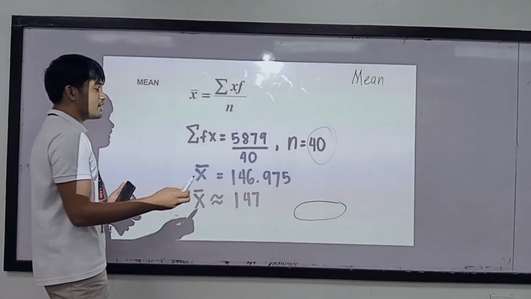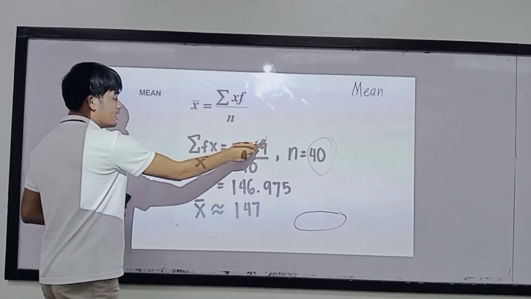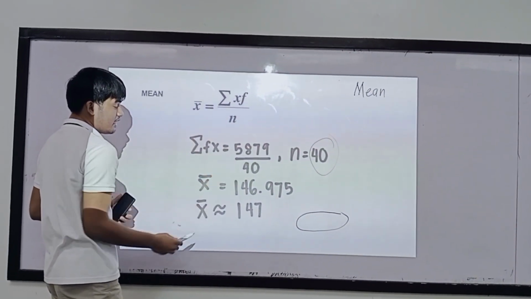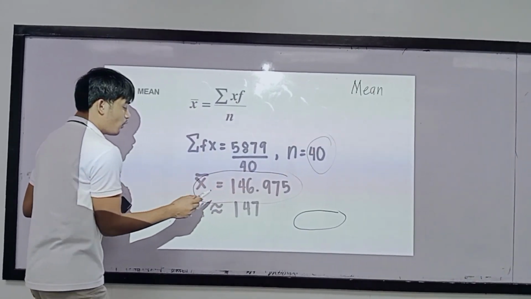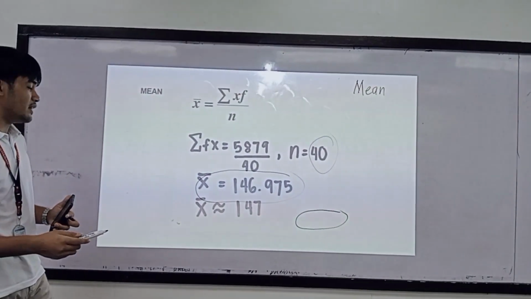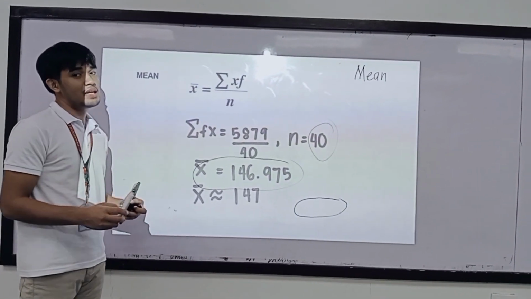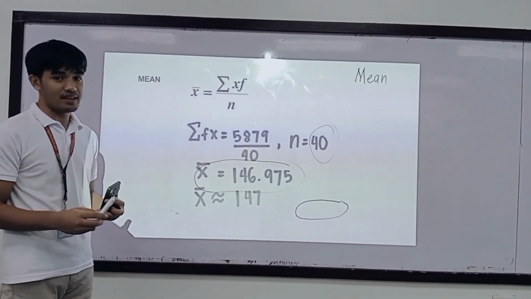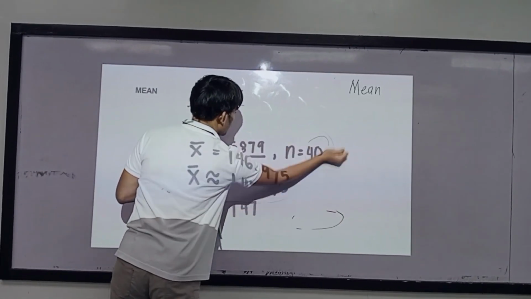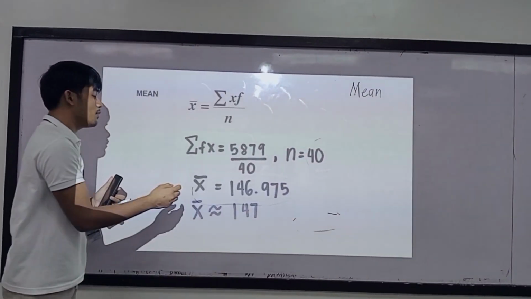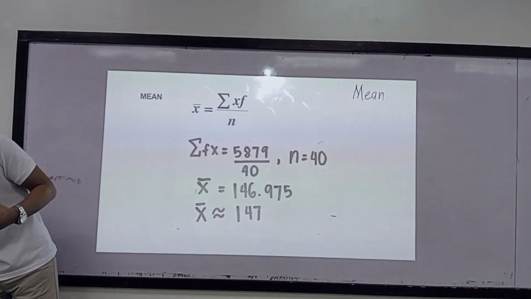So we will substitute it, then 5,879 divided by 40, then we can get the value of our mean, 146.975, or the mean is equivalent to approximately 147. And then, since we already obtained our mean, we will now discuss how to get our median.